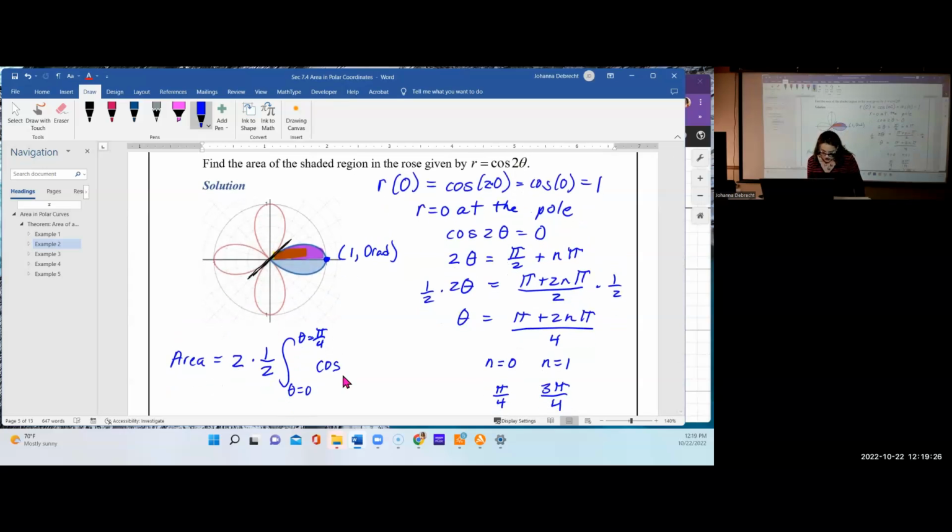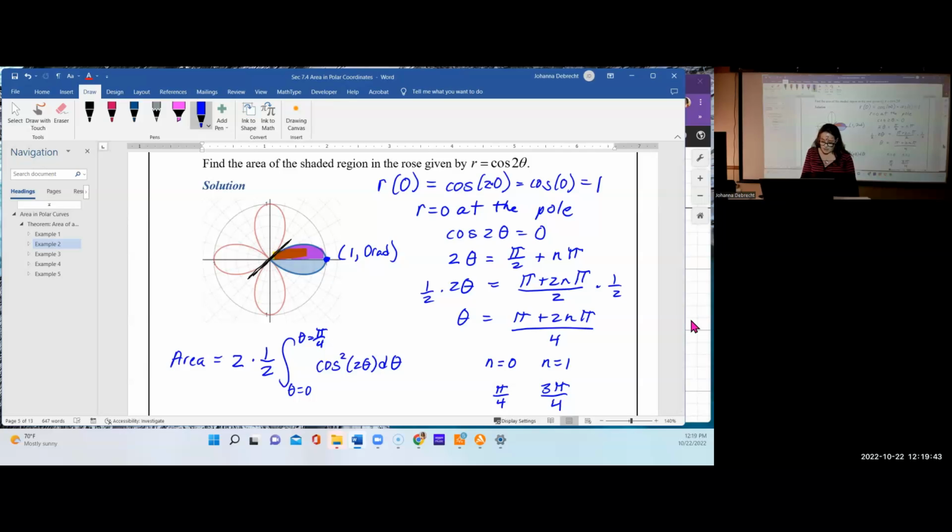So we have cosine squared of 2 theta d theta. So plugging it into the formula is relatively simple once you have the angles. Now let's go out to Desmos and let's make sure that we do in fact have the right curves.